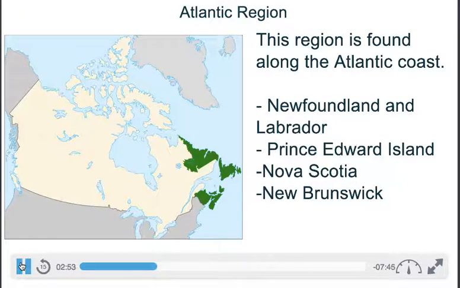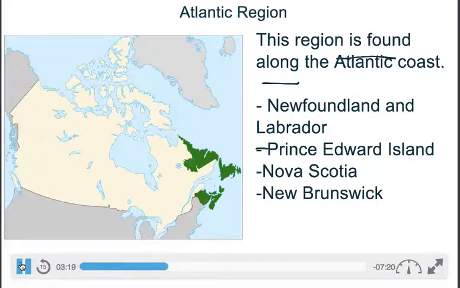Alright, now let's talk about each individual region and learn about the provinces that are found there. So in the Atlantic region, this region is found along the Atlantic coast, which is why they call it the Atlantic region, because the Atlantic Ocean is next to it. Now, this region has 4 provinces.